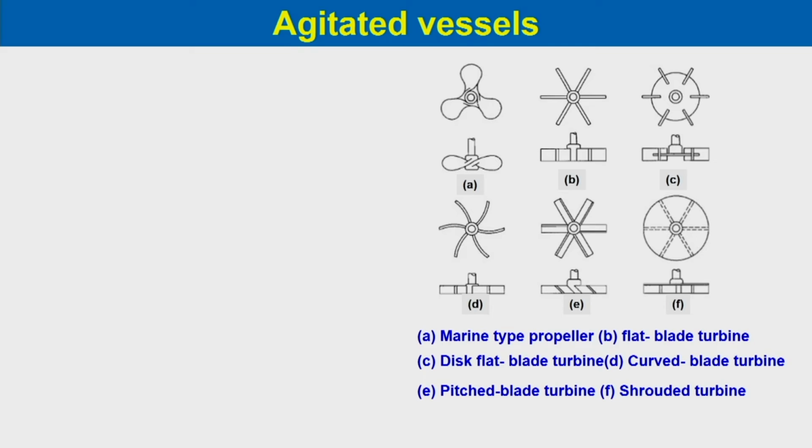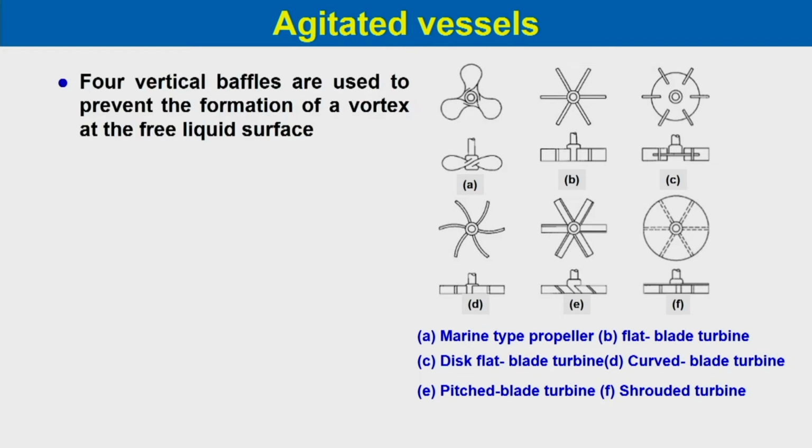Now, in this case, as we have said, there are different types of impeller design. You can see 4 vertical baffles are used to prevent the formation of a vortex at the free liquid surface. You have seen the baffles which are used. Now, you can see over here the common impeller designs.